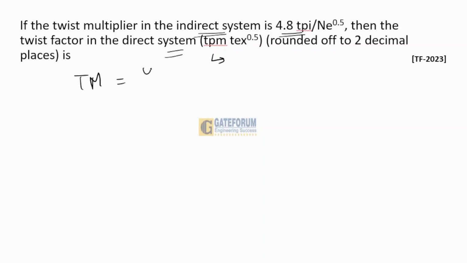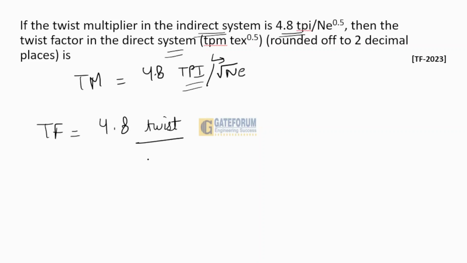The TM that is given is 4.8 TPI upon root NE. If we have to convert this into the direct system, that is tex, TPI is twist per inch. So this is 4.8 twist per inch.